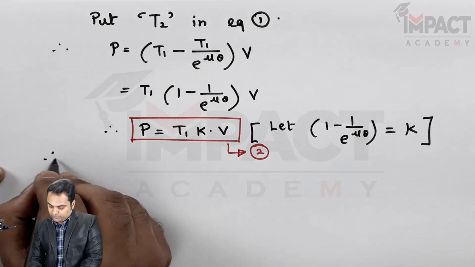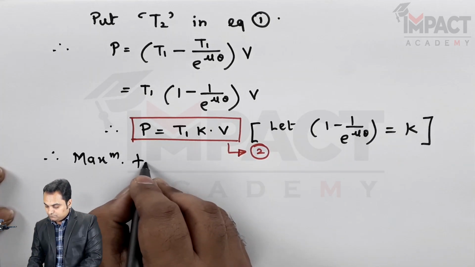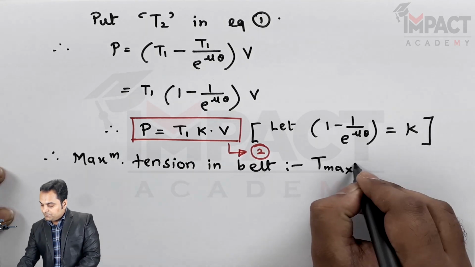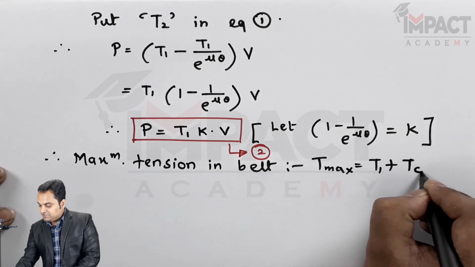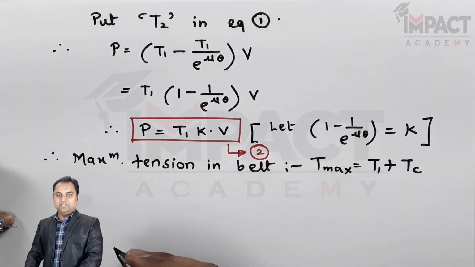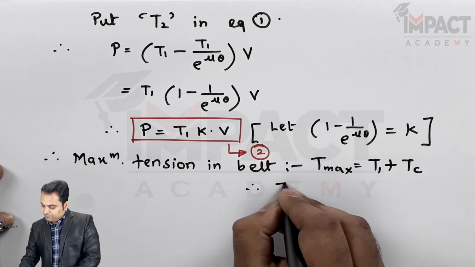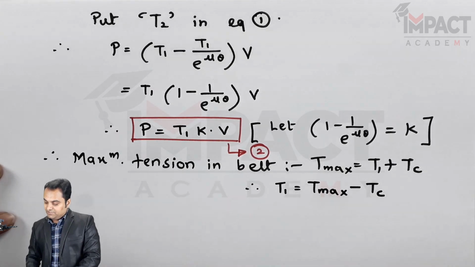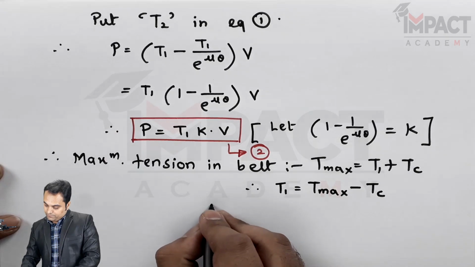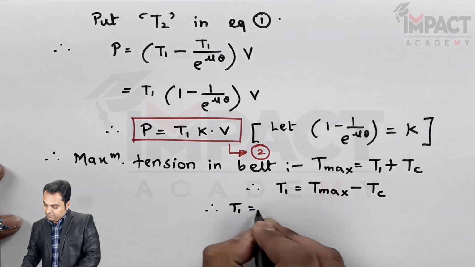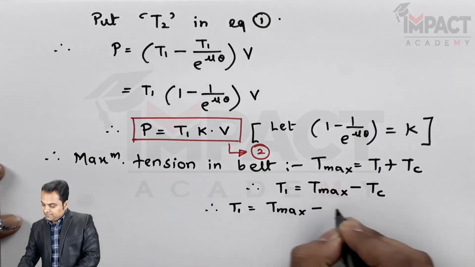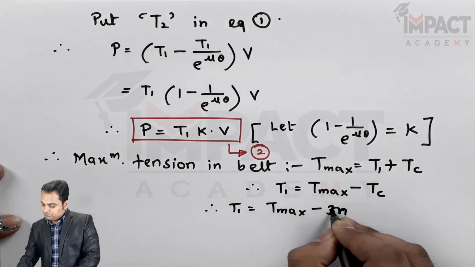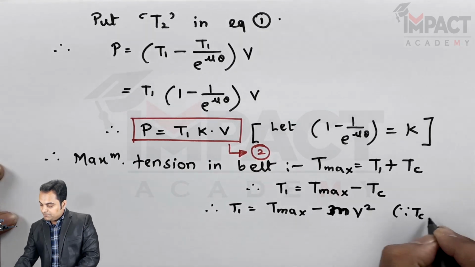Maximum tension in belt, that is T max, is equal to tension in tight side plus Tc, which is called the centrifugal tension in belt, and therefore T1 will be T max minus Tc, where Tc is mv square. That is the formula of centrifugal tension.